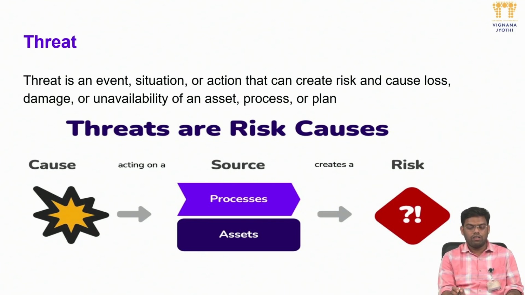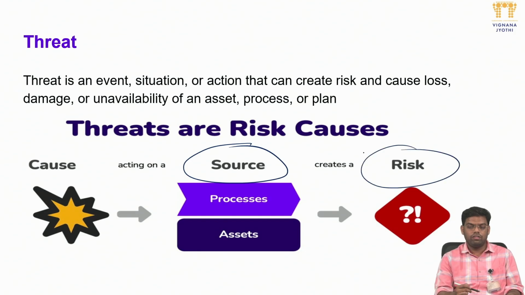So threats are risk causes. You have a cause, you have the source, and you have the risk. Risk relates to the impact of the damage, the impact of the attack.